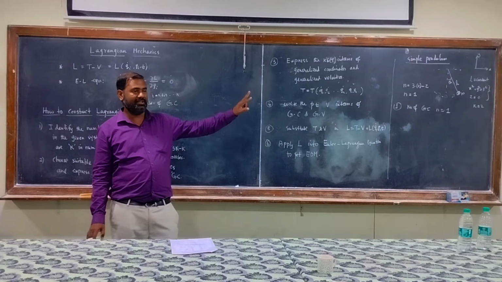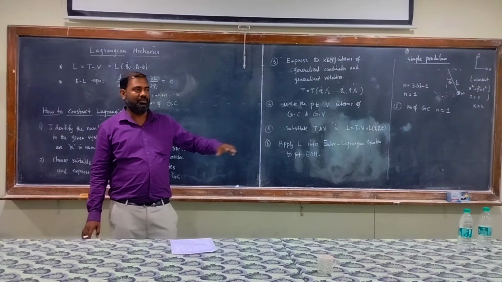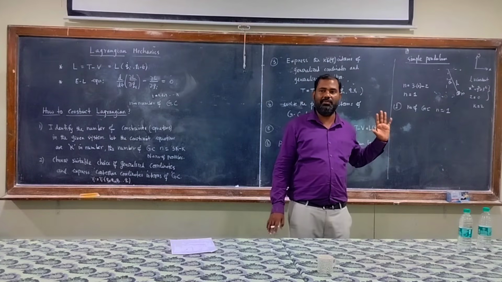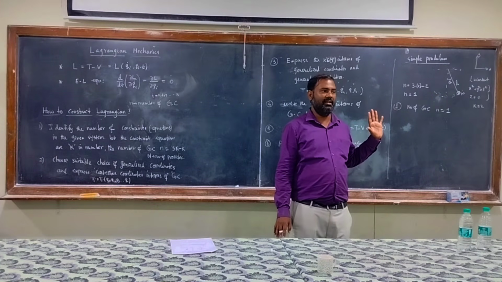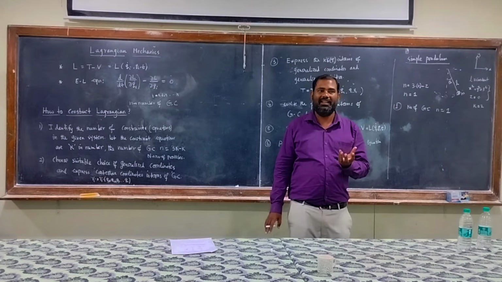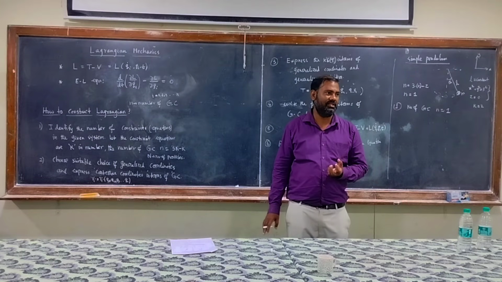So I found two constraint equations. Then the number of generalized coordinates is 1. So what is the meaning of generalized coordinates? In general, any object has 3 degrees of freedom. It can move in the x direction, the y direction, the z direction.